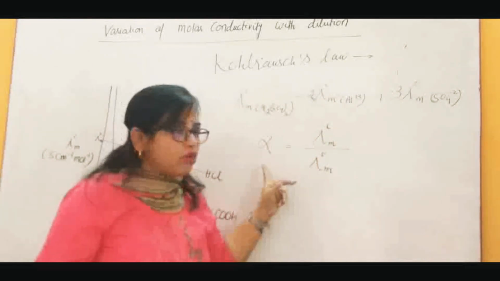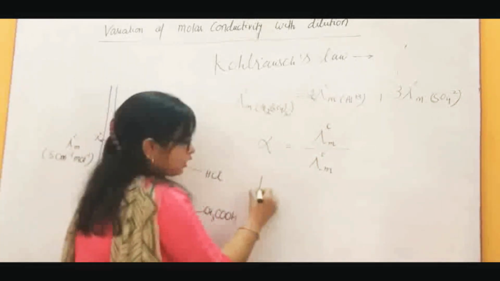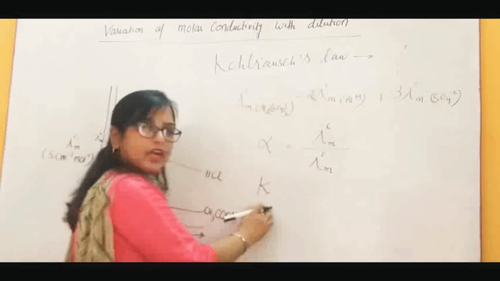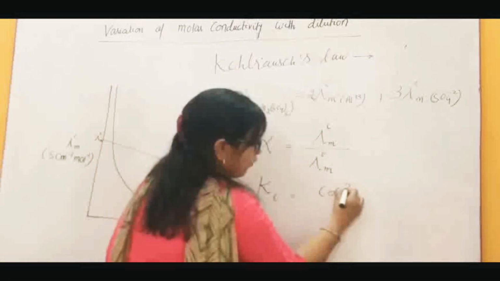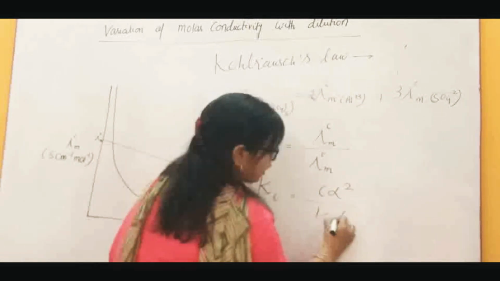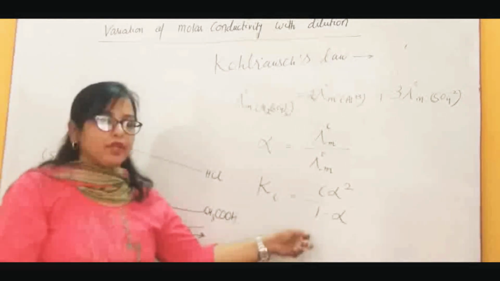So you can find out alpha, the degree of dissociation. And what is the third application? I can find out the equilibrium constant by using the formula C alpha square upon 1 minus alpha.